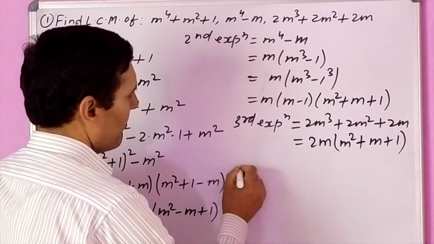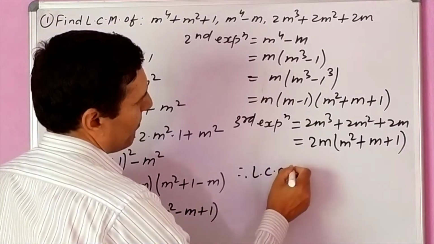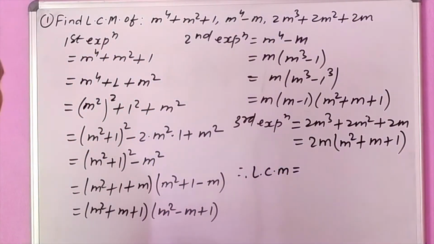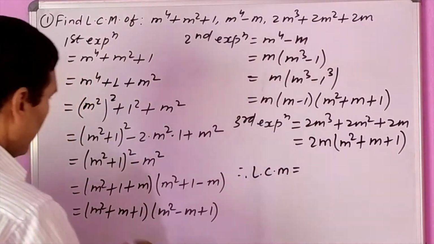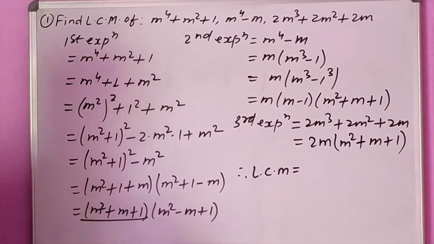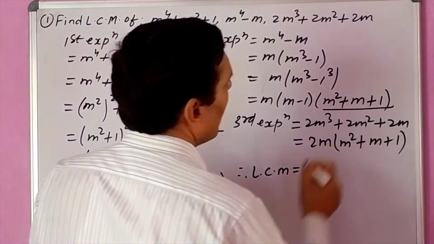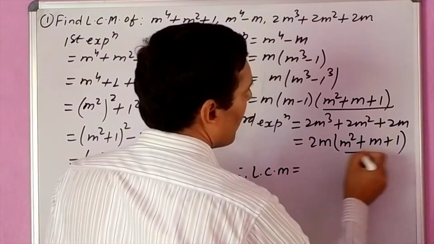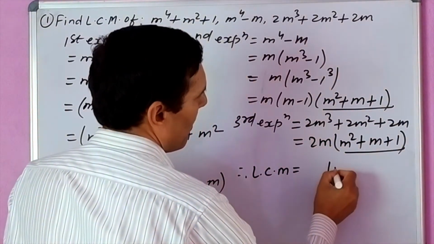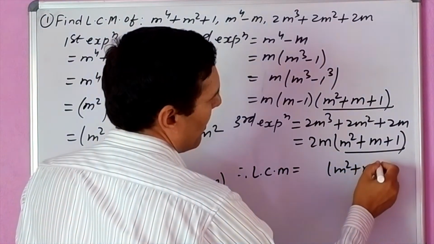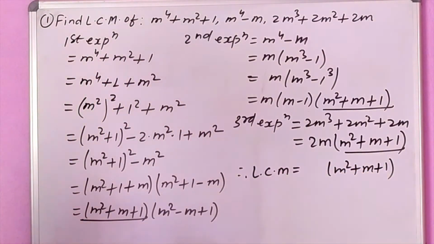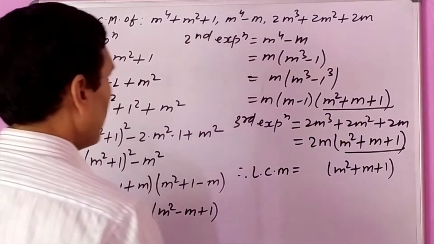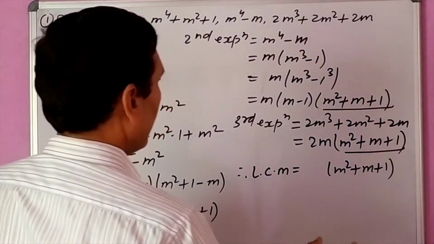Therefore, what is the LCM? First we take the common factor present in all three expressions, m square plus m plus 1. Is there any more factor common in all three?